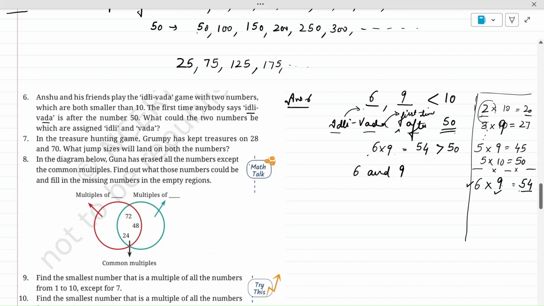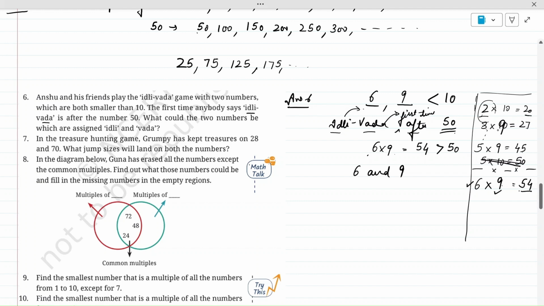The next numbers we took are 3 and 9, the product is 27, which is again less. This goes up to 5. With 5 also, the maximum we can reach is 45. We cannot take 10, just ignore this. Why? Because the number should be less than 10. So the maximum is 5 into 9, which gives us 45, which is again less than 50. So we will ignore this.